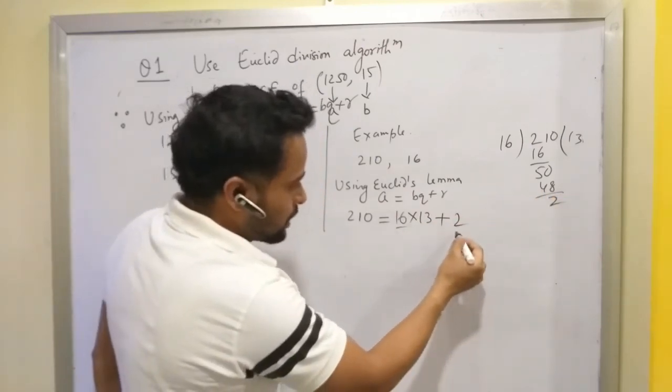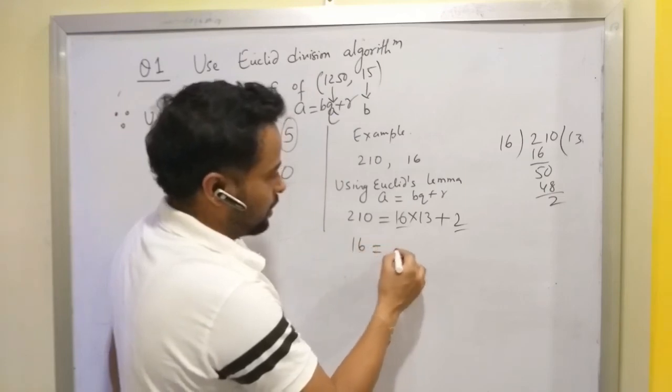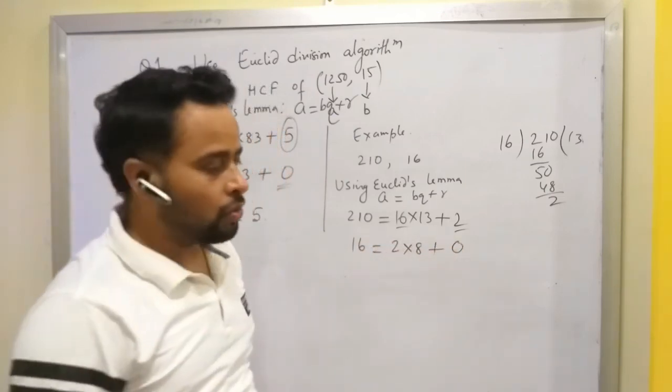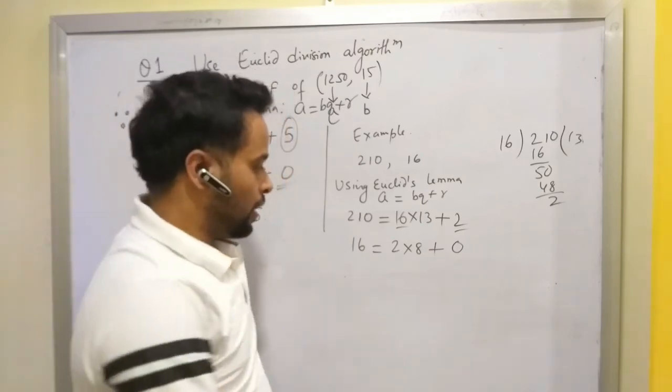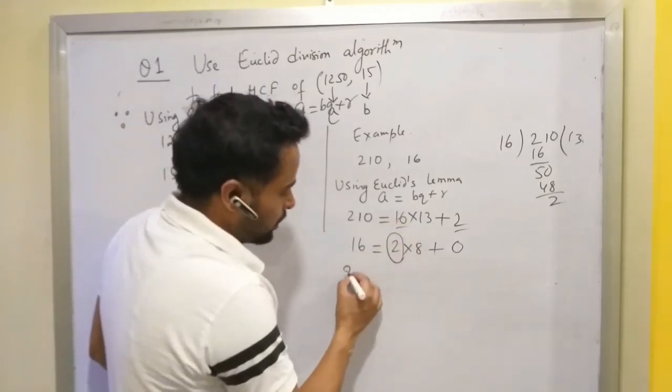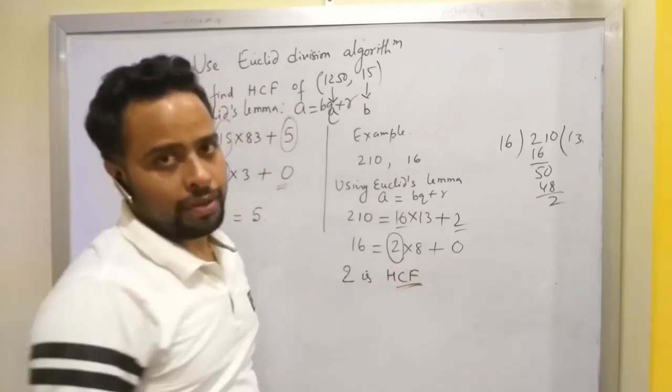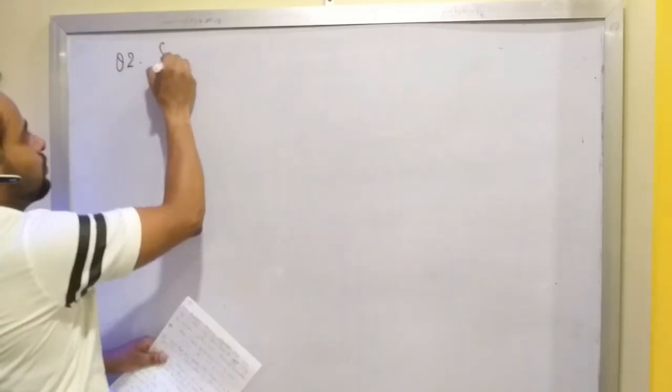Now we have 16 and 2. 16 equals 2 into 8. The moment we do so, we get 0. When the remainder is 0, directly say that 2 is the HCF. Fine? 2 is the HCF.